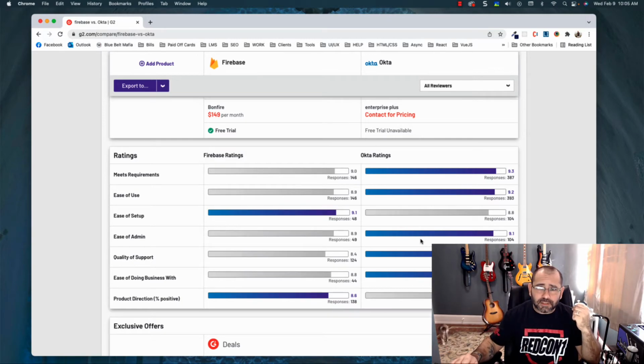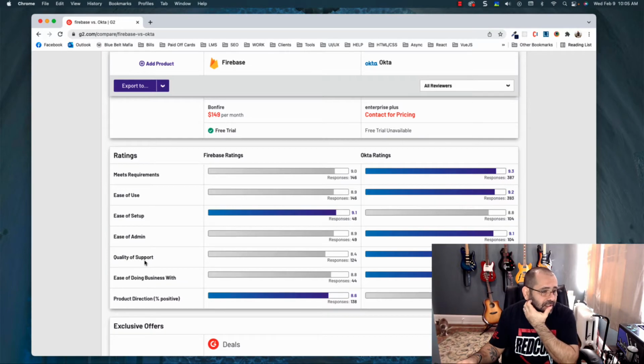Did you see this? Anyway, quality of support, they gave it to Okta, but I don't know. I want to say Firebase, but whatever. I tried to contact support once for Okta, and I couldn't even find one. It was all through emails, and I don't like that.